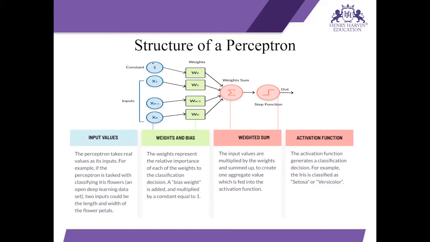You can see the number one over here, that is nothing but a constant, right? Then you can see weights, represented as W0, W1, W2 up to Wn. Then you can see the weighted sum, so some summation is happening over here, and the next one is an activation function.